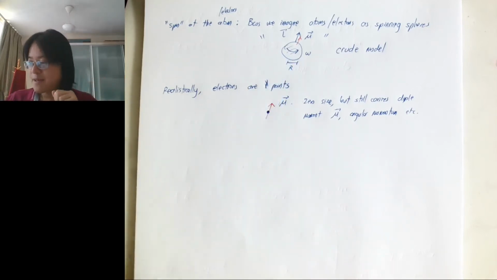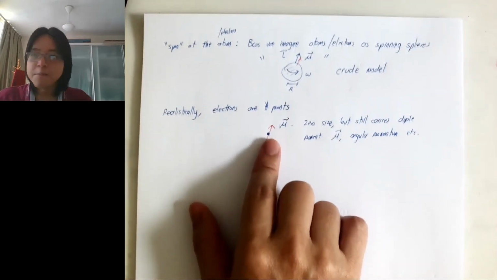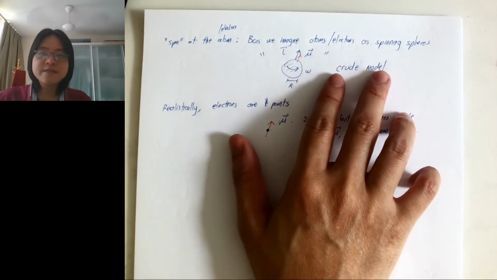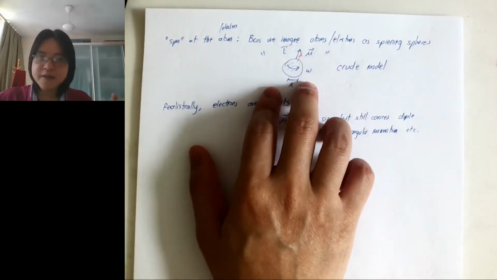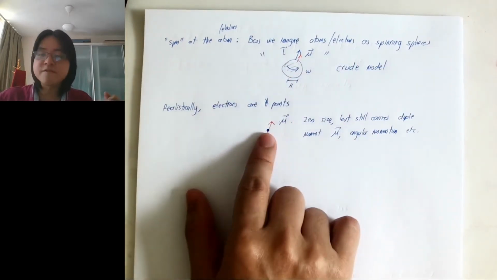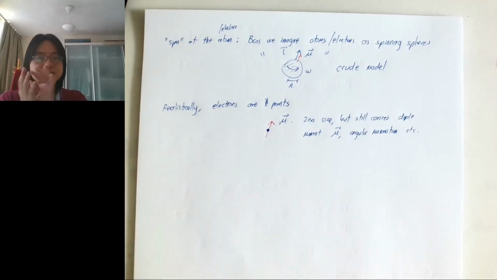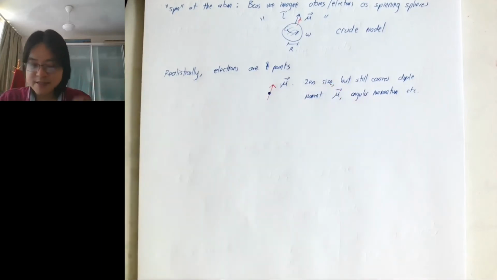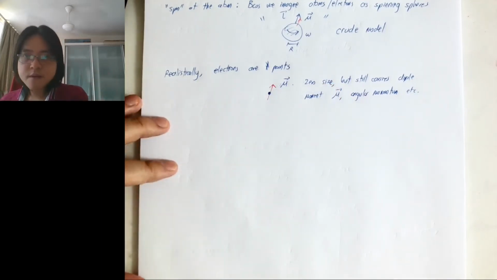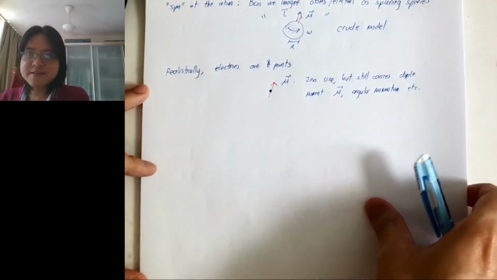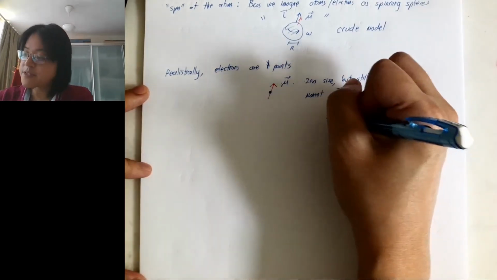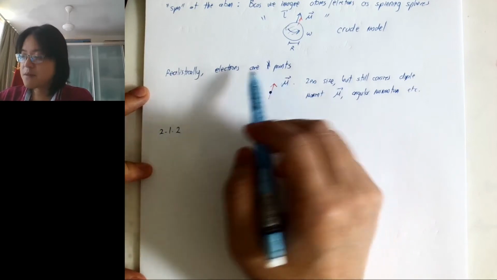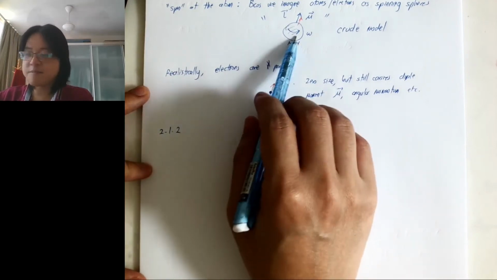So for now, if we are not used to this picture, then we just think that it's a spinning sphere, but we take the limit of the radius going to 0, but it still has some finite vector of dipole moment. That is where things get a bit interesting, not to say complicated. If you just look at electrons, it's just from this picture to this picture.